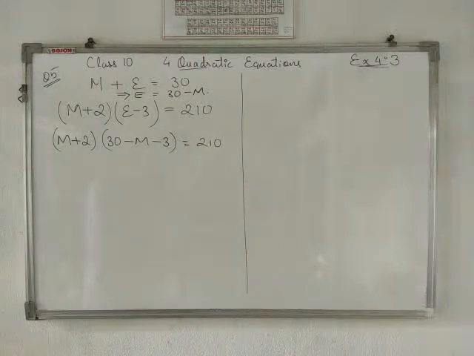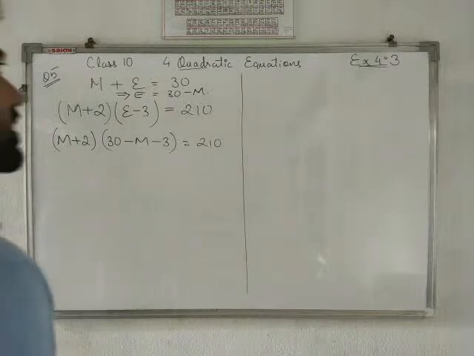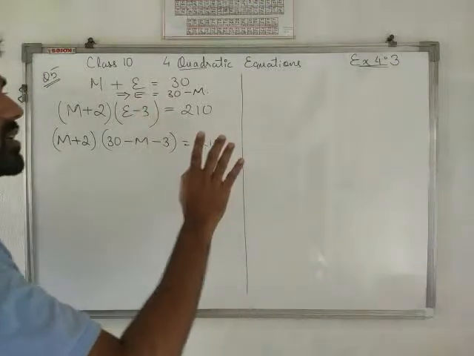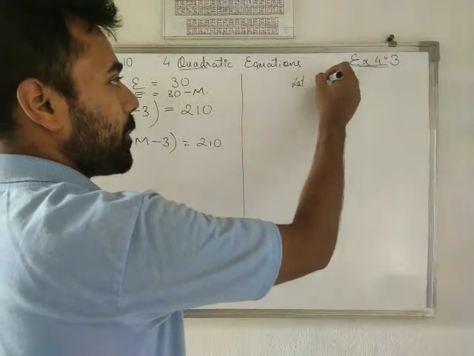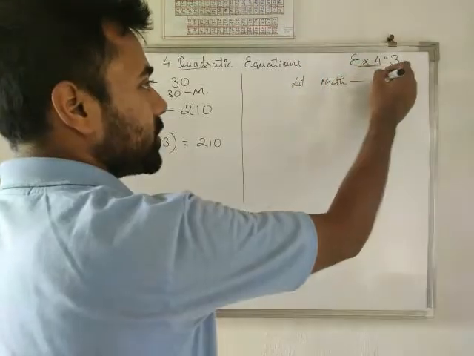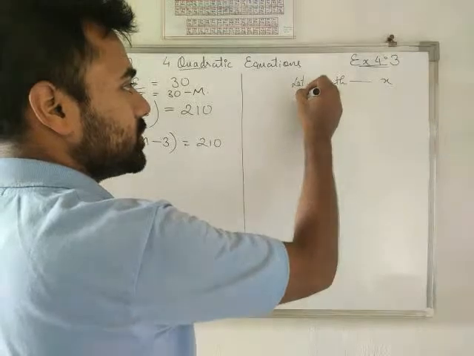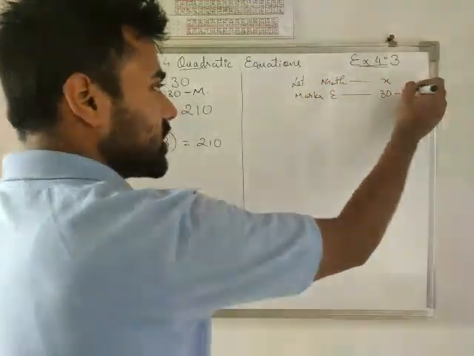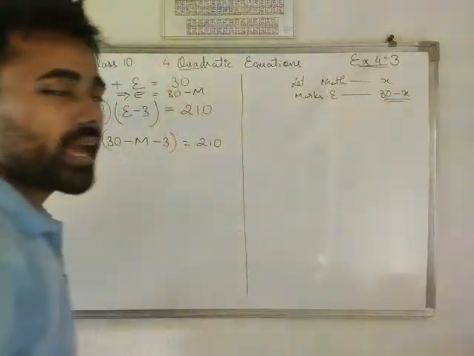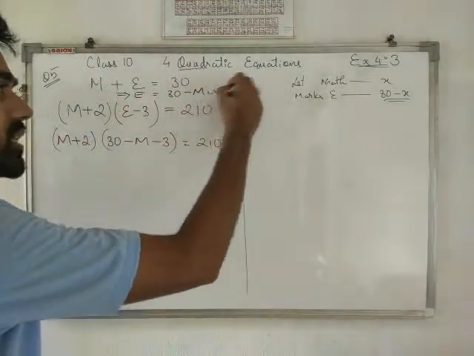And the other approach, actually it's not a method, it's just an approach, is where you let the marks in maths be x, and marks in English be 30 minus x. Now where did this 30 minus x come from? This is the logic.